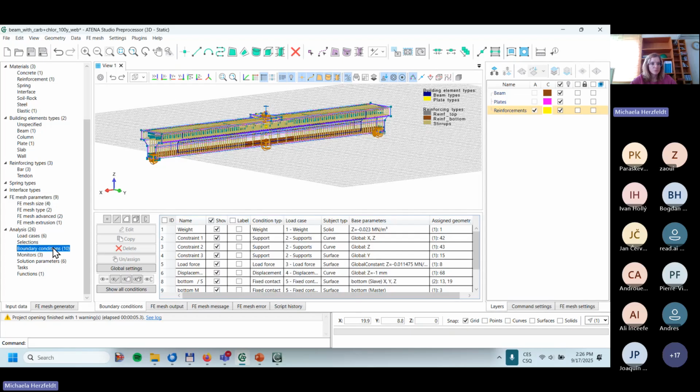So we jump into the boundary conditions. Again, it's mostly already defined for the structure, and now we are going to apply boundary conditions for carbonation and chlorides.